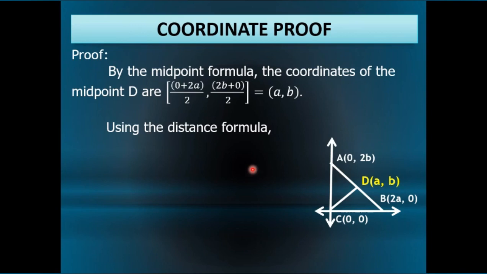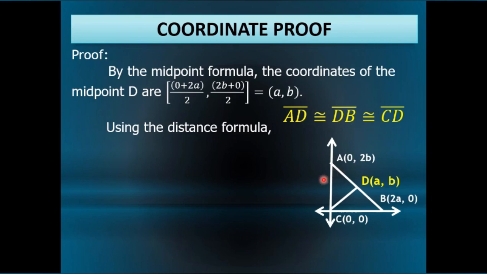And then using the distance formula, again, that is d equals the square root of the square of x sub 2 minus x sub 1 plus the square of y sub 2 minus y sub 1. Let us prove that the line segment AD is congruent to line segment DB and also congruent to line segment CD.